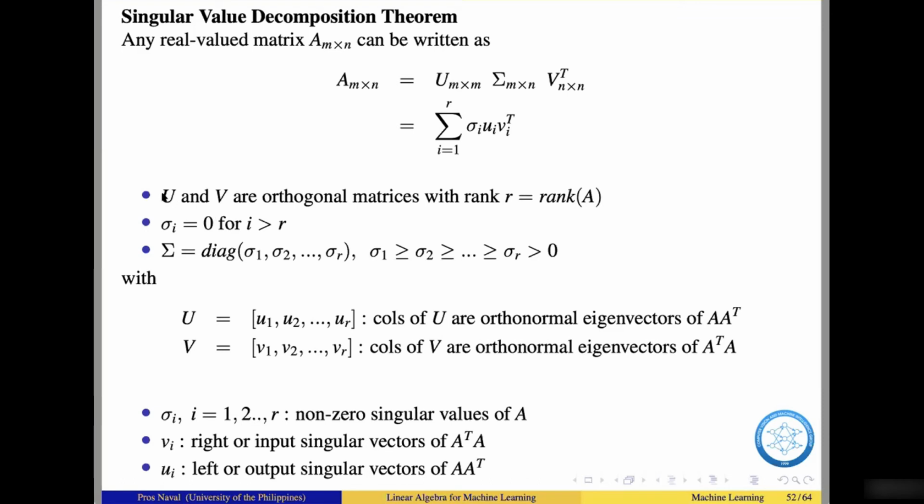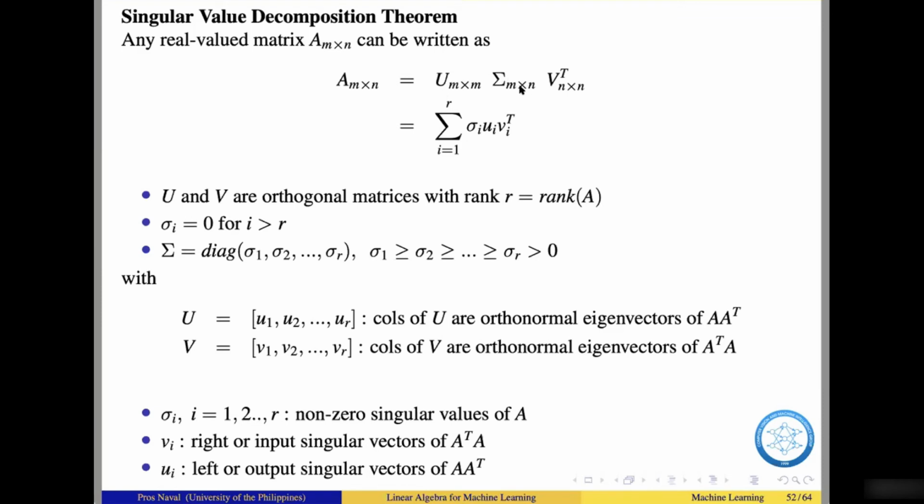So U and V are orthogonal matrices. They are square matrices whose columns form an orthonormal basis. So these are square matrices, m by m and n by n. Again, they form an orthonormal basis.